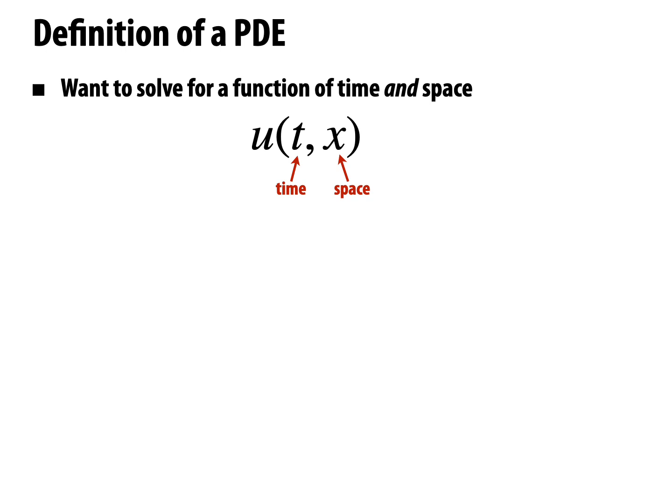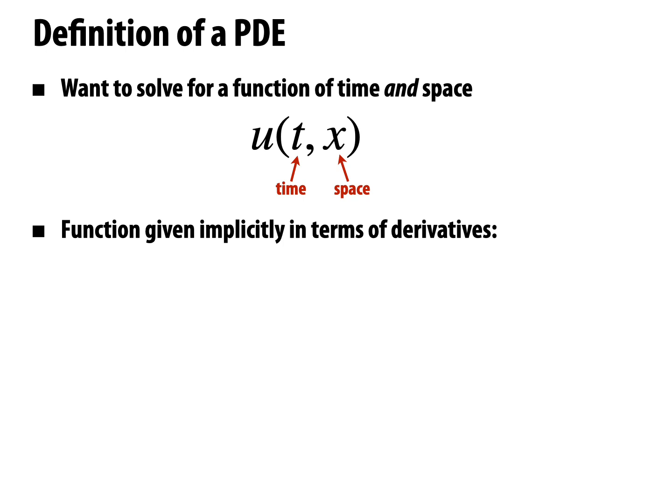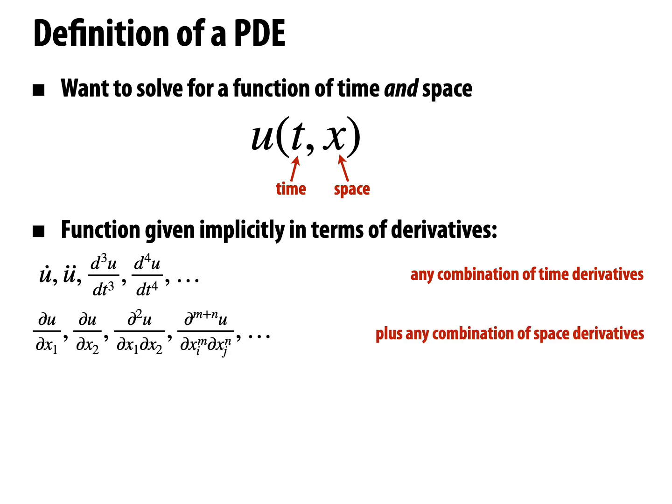Okay. The function we want, the final function u, is given implicitly in terms of derivatives of u. And so we could have time derivatives of many different orders. So u dot meaning the first time derivative, u double dot meaning the second time derivative, and so on. And also spatial derivatives.